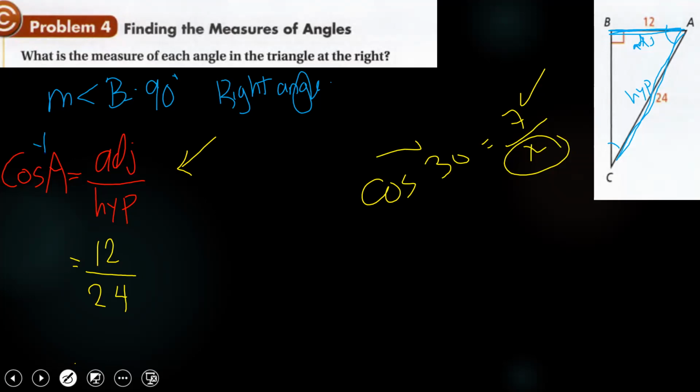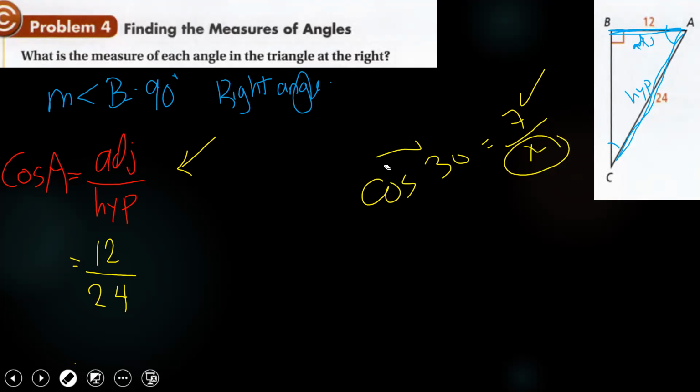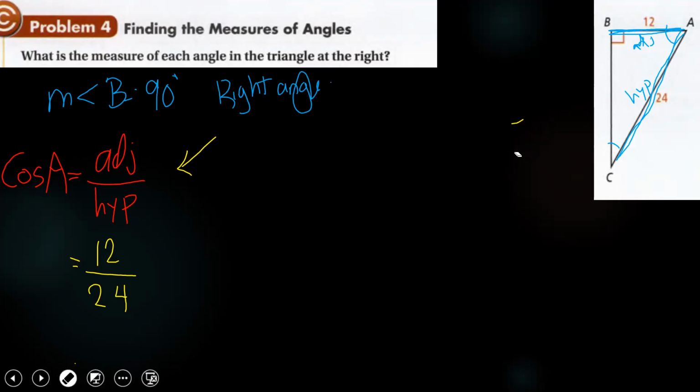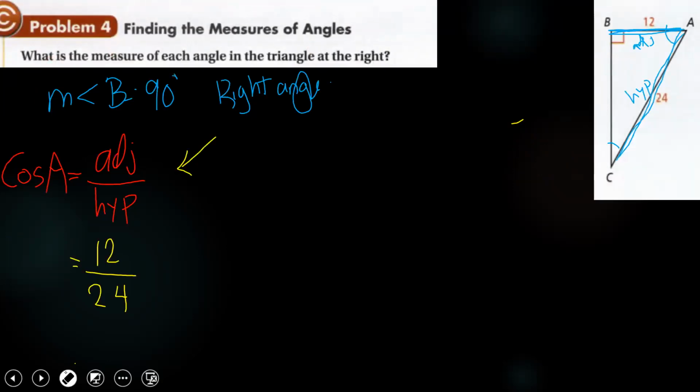So before that, let's first find cosine A. Cosine A is the adjacent over the hypotenuse, so 12 over 24.